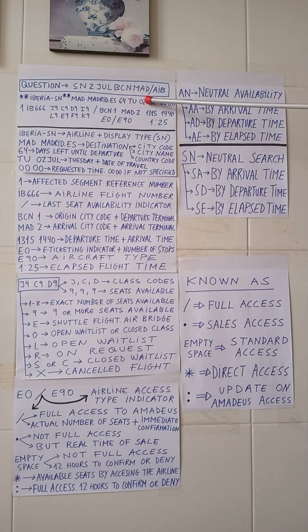TU02JUL refers to the day of the week on which the trip would take place, which in this case is Tuesday. We also see the number of the day in July on which the trip would take place. In this case, the day is July 2nd of the year in which we are searching.